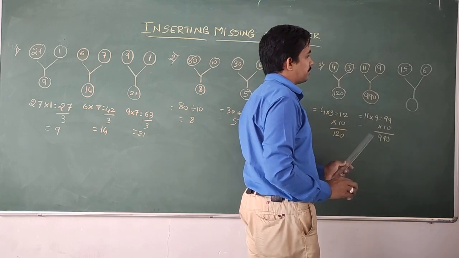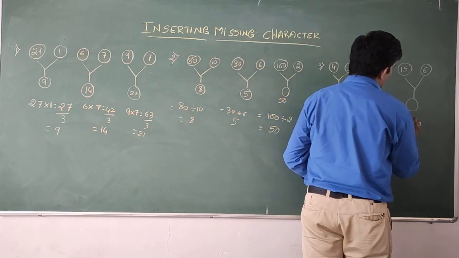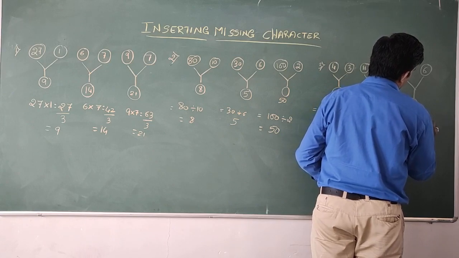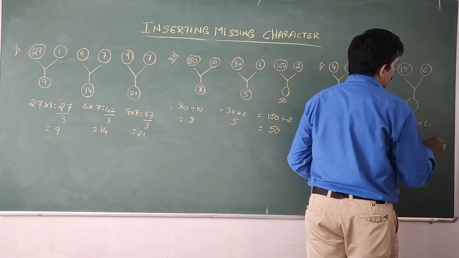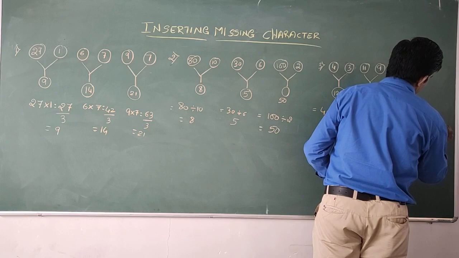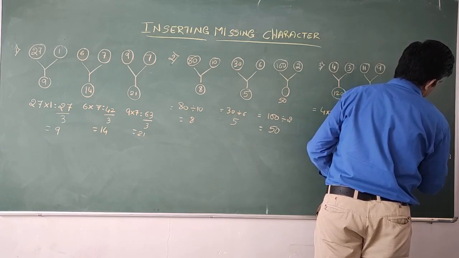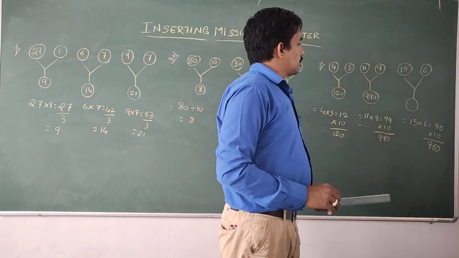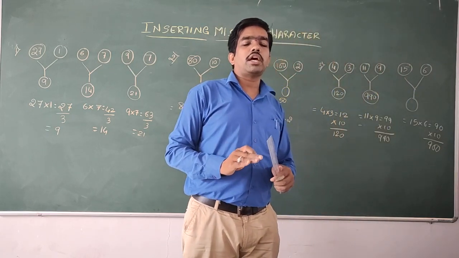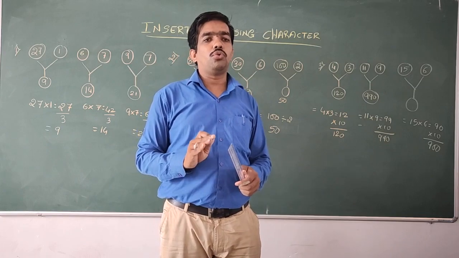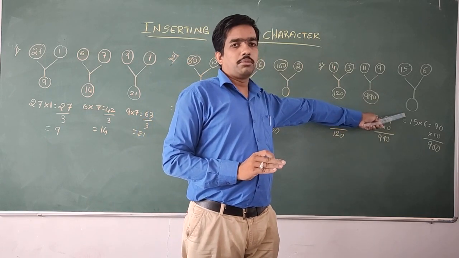So this number we get here. In the same logic, 15 into 6 is 90, into 10 is 900. So we have to apply some logic here to get the blank number.